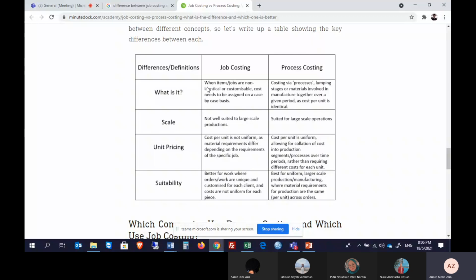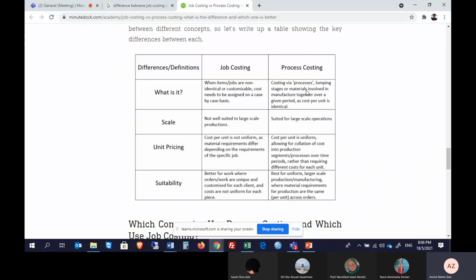Differences between job costing and process costing: when items or jobs are non-identical or customized, costs need to be assigned on a case-by-case basis, for each job. This one is for job costing, while process costing goes via processes, lumping the stages of material involved in manufacture together over a given period of time, as the cost per unit is identical.